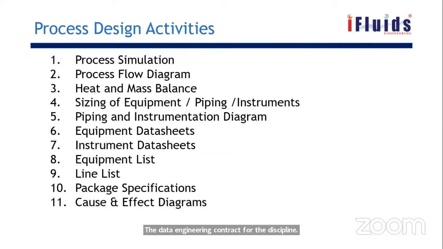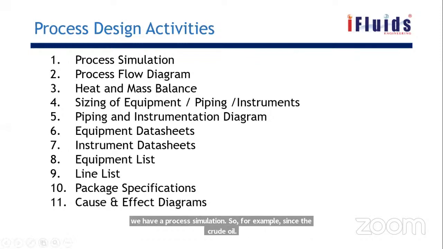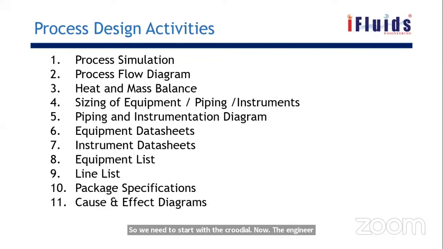And in detail engineering, what activities does the process engineer need to do? We have process simulation. For example, the engineer will start with the crude oil. He will do the calculations and the different sizing for the equipment, all those things.